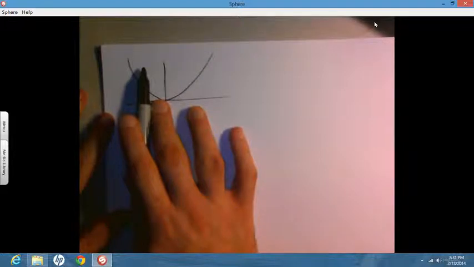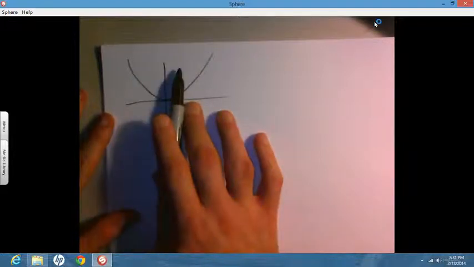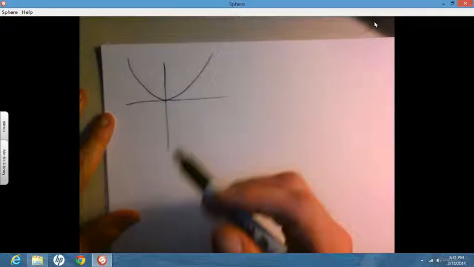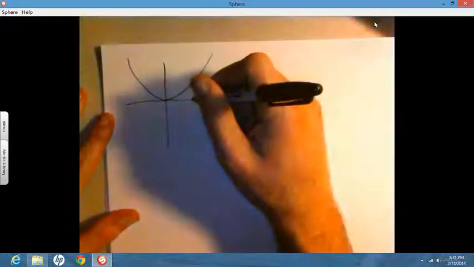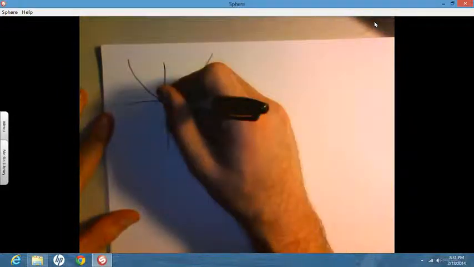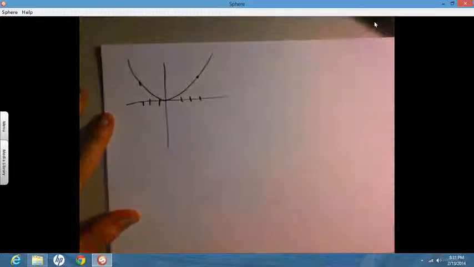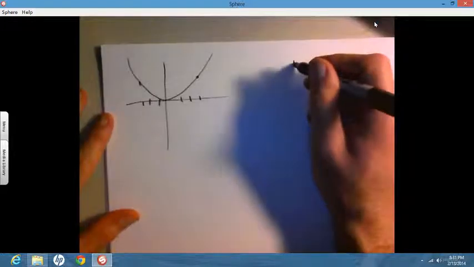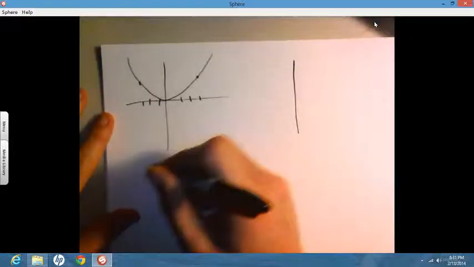Okay, so there's that symmetry. That's what it means to be an even function. For instance, if we go out 3 spaces over here and up, it would be the same as if we went 3 spaces to the left and up. So that's what it means to be an even function.